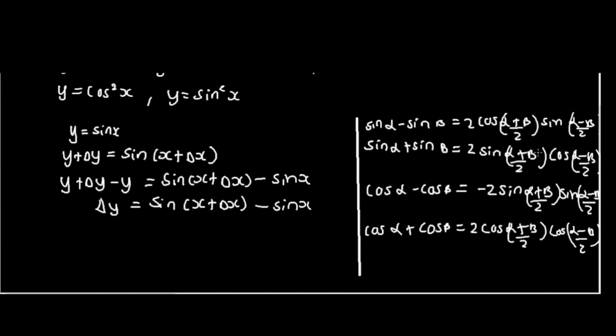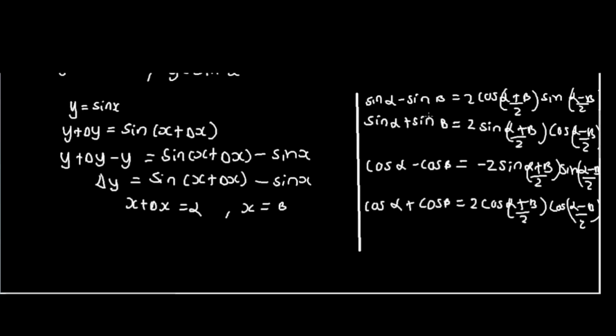Let's proceed. In this case, note that we take x plus change in x as our angle alpha, and x as our angle beta. We shall take the first scenario, sin alpha minus sin beta equals 2 cos of (alpha plus beta) over 2, sin of (alpha minus beta) over 2. Let's proceed here.